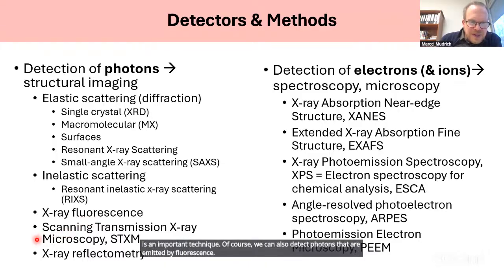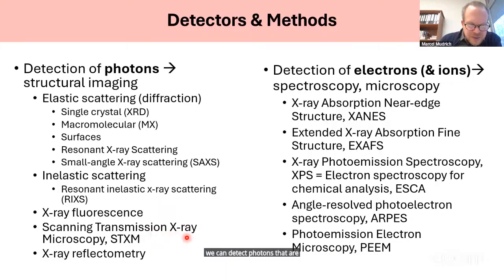We can detect photons that are transmitted through the sample, and do this even with some spatial resolution, then it would be microscopy. Or we can just detect the amount of X-rays reflected from a surface. So this would be X-ray reflectometry.